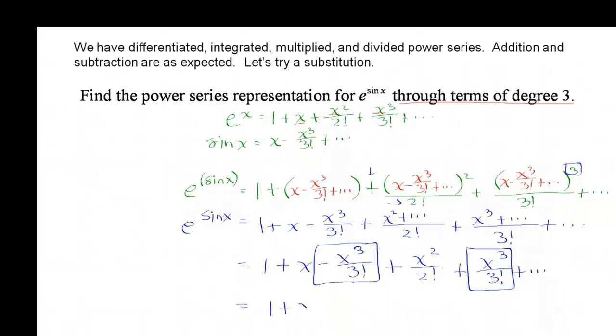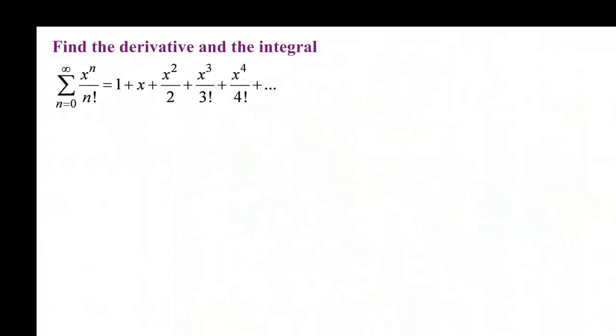So up through degree 3 is that right there, because the coefficient of the x cubed term is 0. So here is the power series up through degree 3, the power series for the function e to the sine of x. So very straightforward. Something we definitely could be asked to do, not extremely time consuming on the AP test.